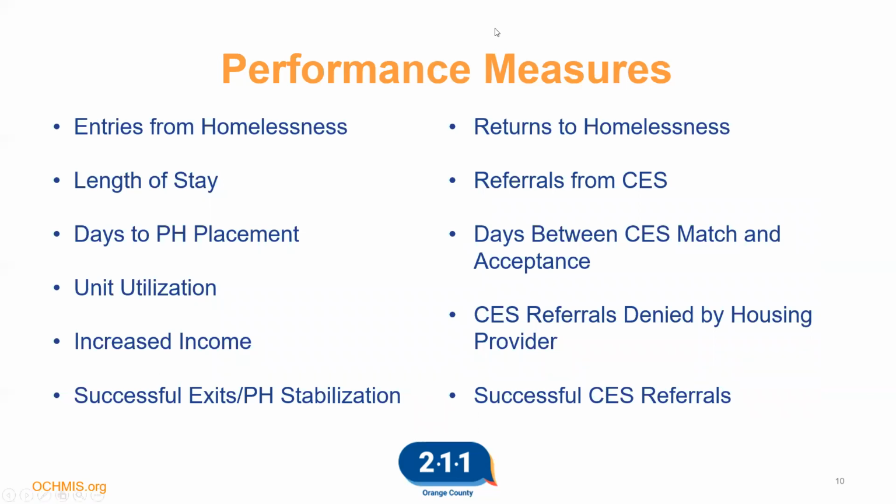We're looking at entries from homelessness, how long clients are in a project, how many days it's taking them to get placed in a permanent housing unit after entering the project, unit utilization, increased income, successful exits or permanent housing stabilization, returns to homelessness, referrals from CES, days between CES match and acceptance, referrals that are denied by housing providers, and successful coordinated entry referrals.